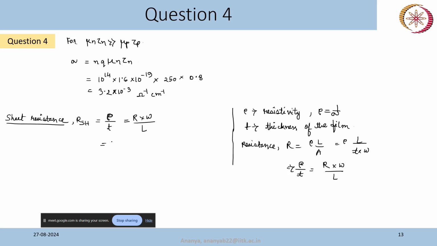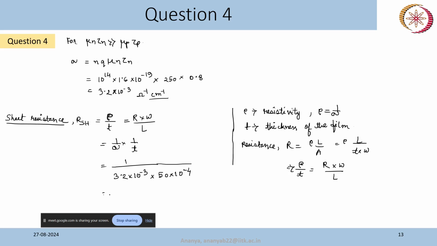So this is equal to 1 by sigma into 1 by T, right? Now you have all these values. You can put 3.2 into 10 to the power minus 3, in unit ohm inverse centimeter inverse, and the thickness is given as 50 micrometer, which I am writing as 50 into 10 to the power minus 4 centimeter.